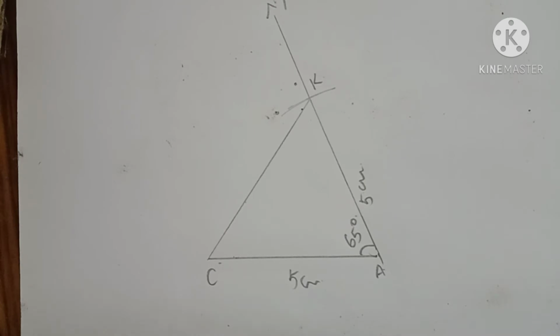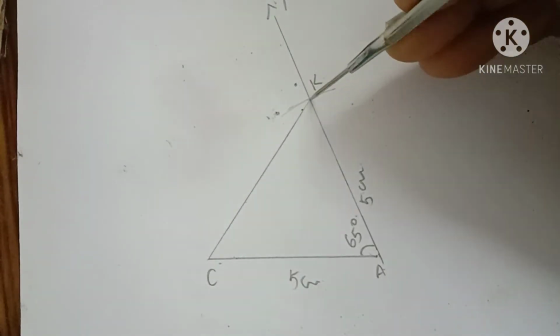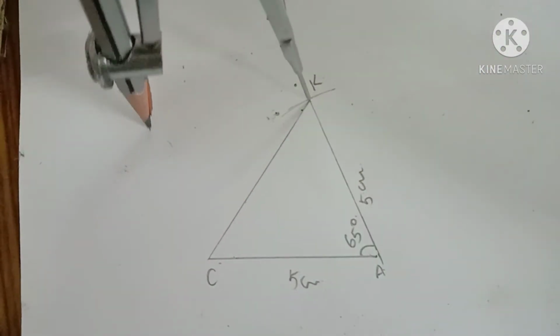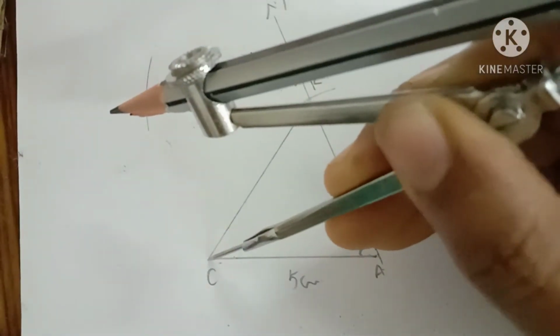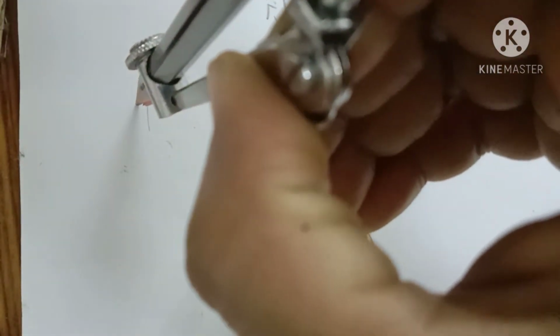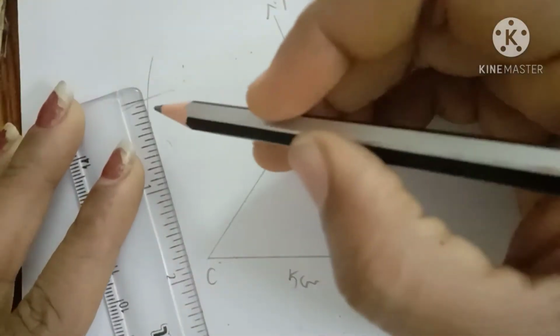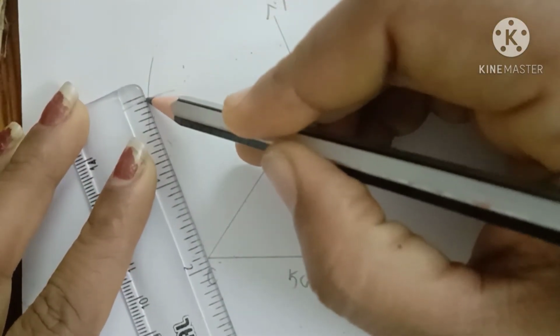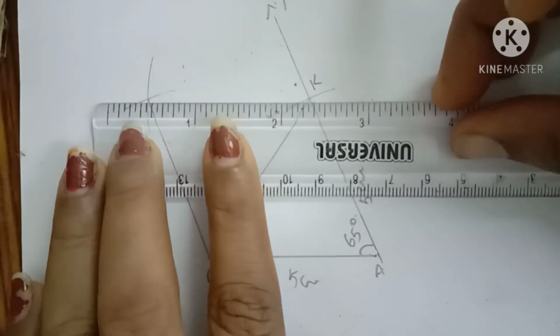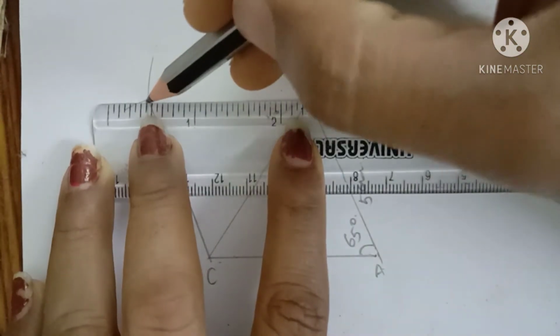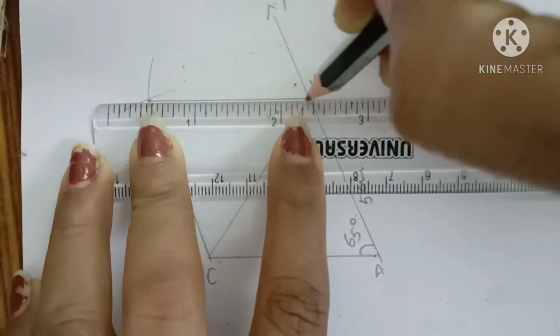Then with the same measurement, with K as center, cut an arc at E. And then with C as center, cut an arc at E. Then join CE, AE, EK.